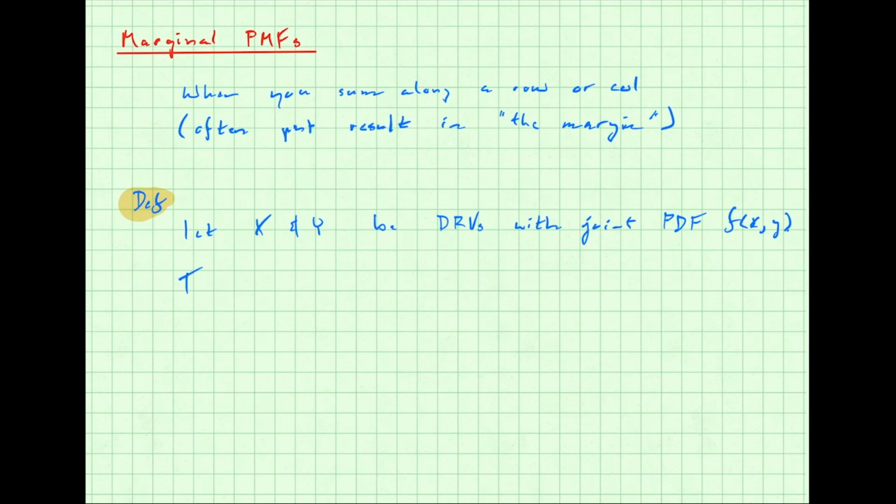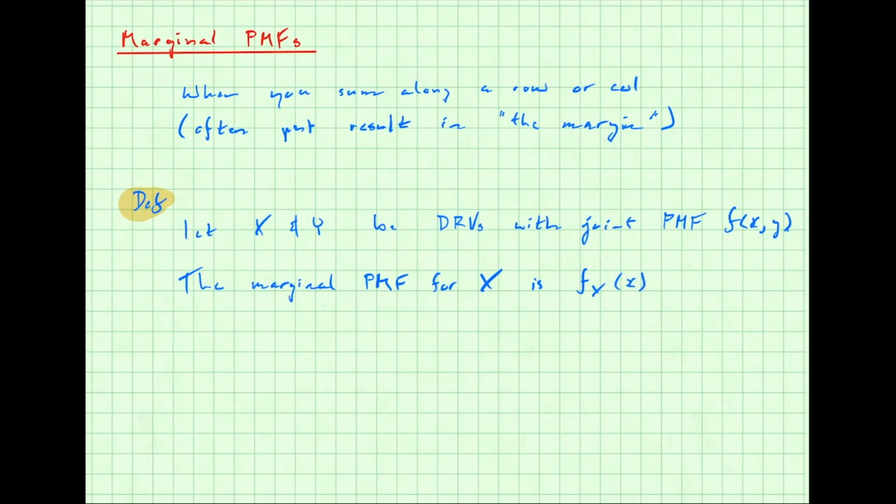Sorry, this is a joint probability mass function. Then the marginal PMF for x is written as this guy.